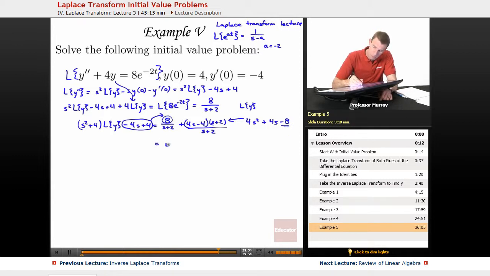I'll just get 4s squared plus 4s over s plus 2. And that's still equal to s squared plus 4 times L of y. And remember, we're solving for L of y, so I'm going to divide by the coefficient of L of y, s squared plus 4. So L of y is equal to 4s squared plus 4s over s squared plus 4 times s plus 2.